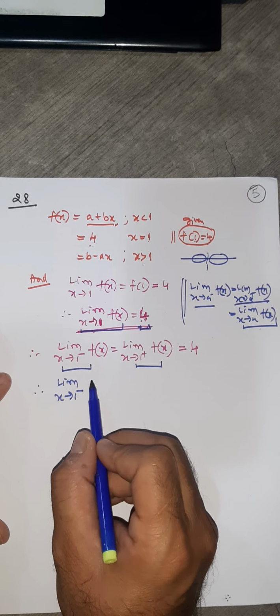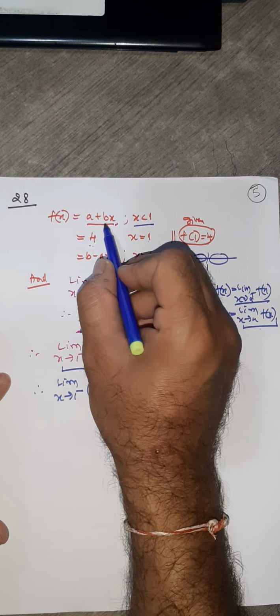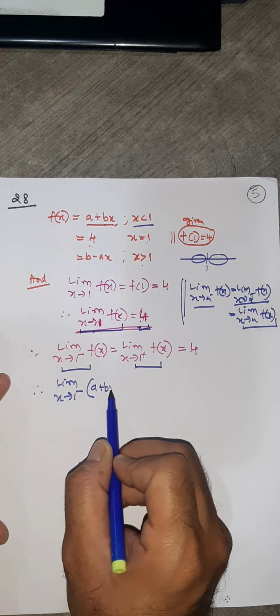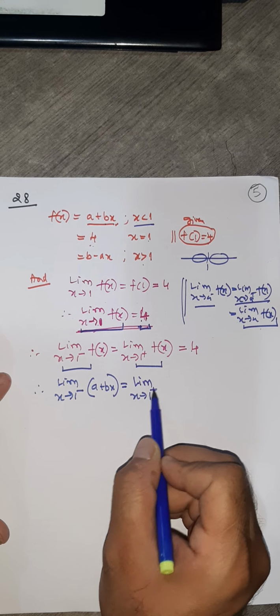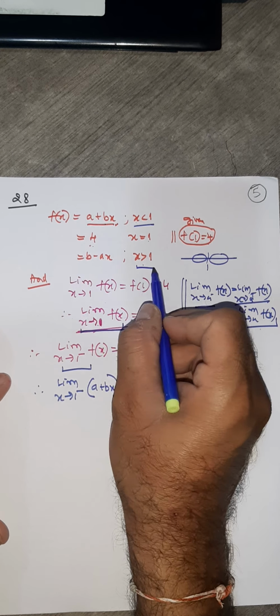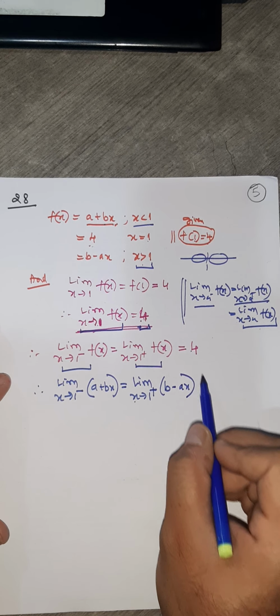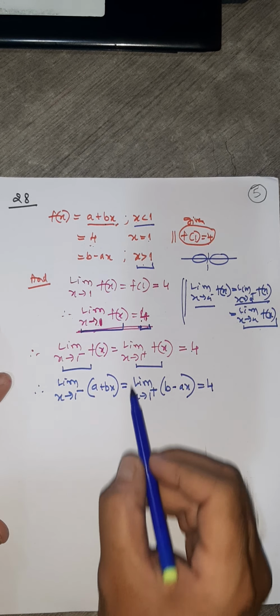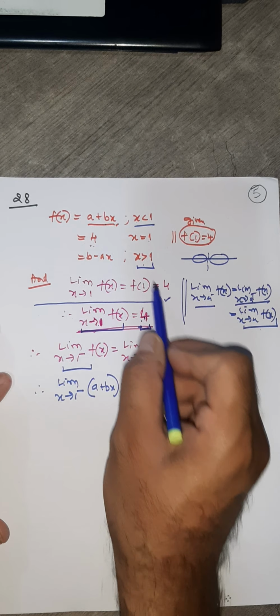So we need x less than 1 here. If x is less than 1, then which formula? a plus bx, equals limit x tends to 1 from right, x is more than 1. If x is more than 1, then which formula? b minus ax. And equals 4 तो ऊपर से आ ही रहा है. ये आपने derive नहीं किया. This is given, remember. These two things you are given, this and this.